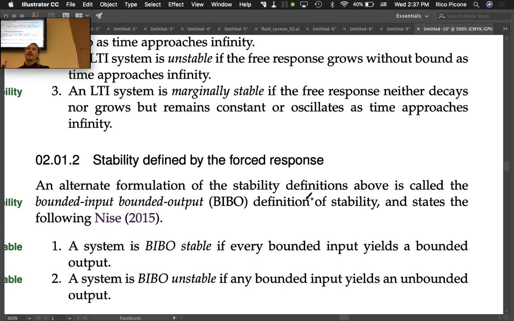If you have feedback on it, then the closed loop can be marginally stable relatively easily. It's much easier to get a marginally stable system that has feedback associated with it.